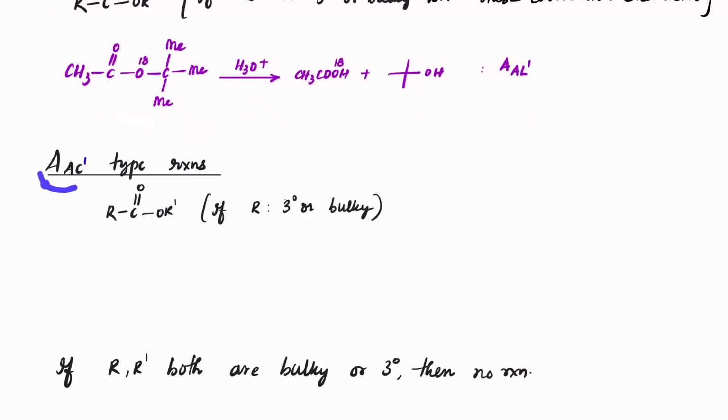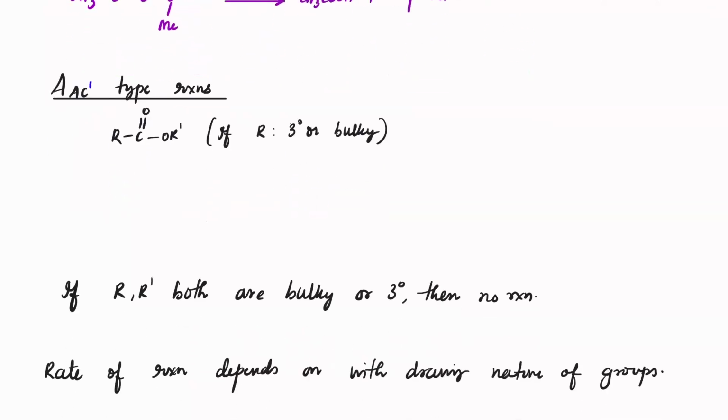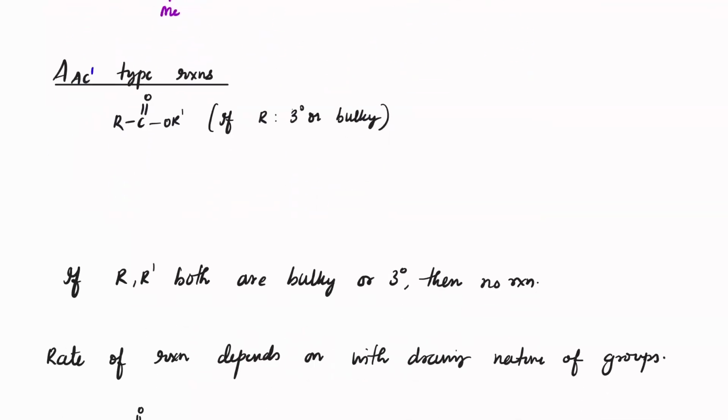Next one is AAC1, very rarely observed, but it is mainly seen when you have the R group being very bulky, or it is 3 degree where it can become a stable carbocation. So let me show with an example. Suppose I have C double bond O, OCH3, that on hydrolysis with H3O plus, we will get COH plus and OCH3.